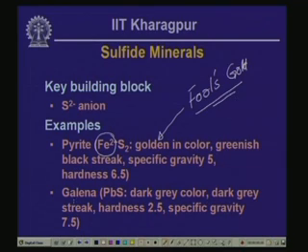By the way, the hardness that I am talking about in this lesson is in the Mohs scale, which we discussed in the previous lesson. Galena, on the other hand, has got a dark grey color, dark grey streak, a hardness of 2.5 and specific gravity of 7.5.